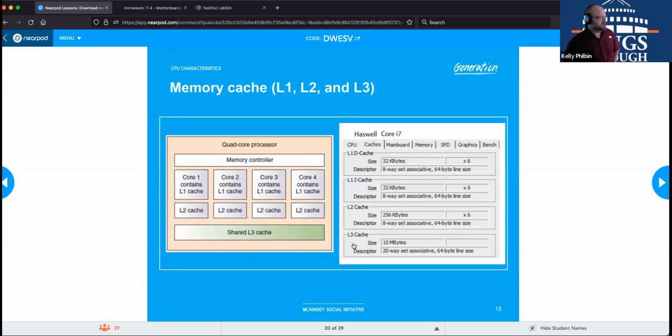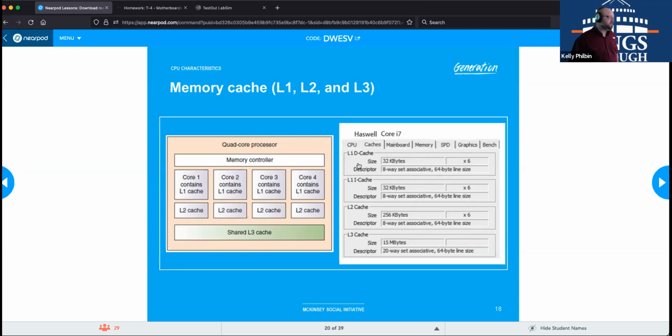And then you have your shared L3 inside of the overall processor. And right here, they have it kind of broken down where you can see it.